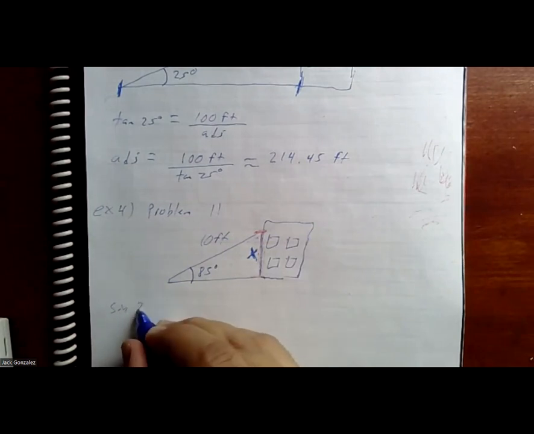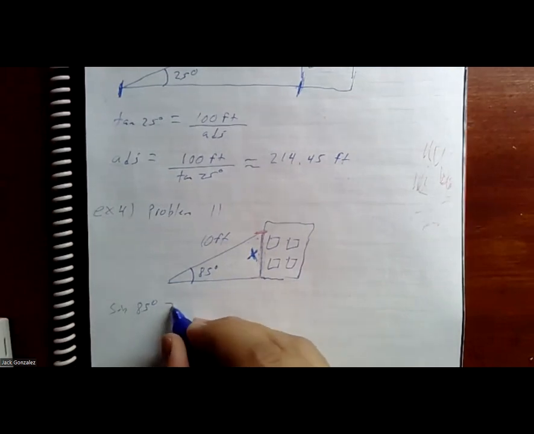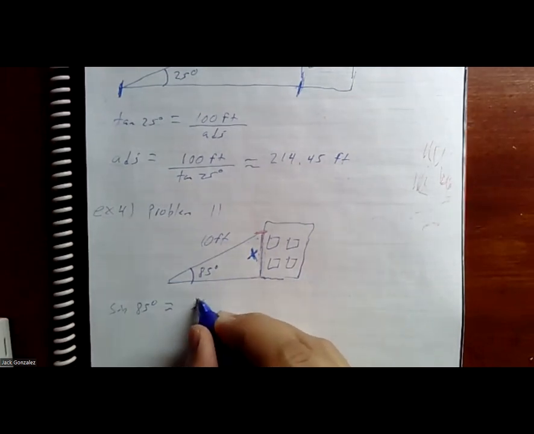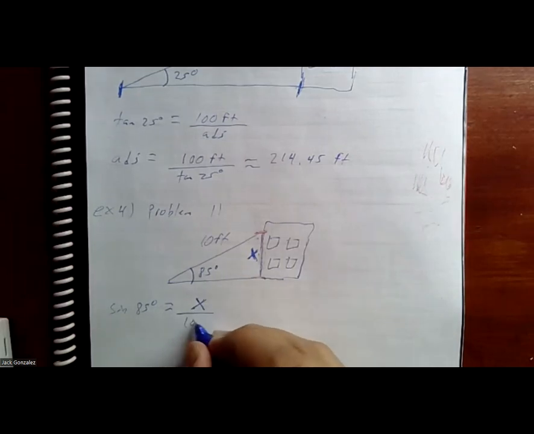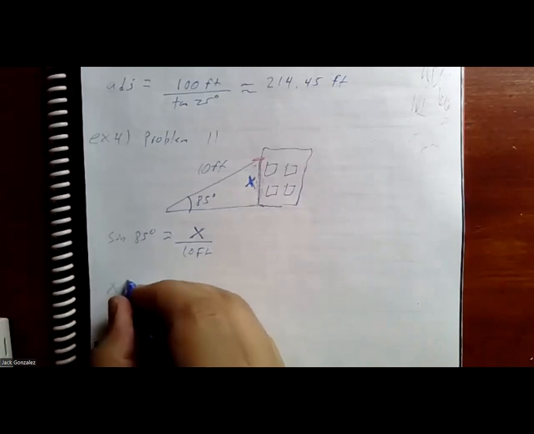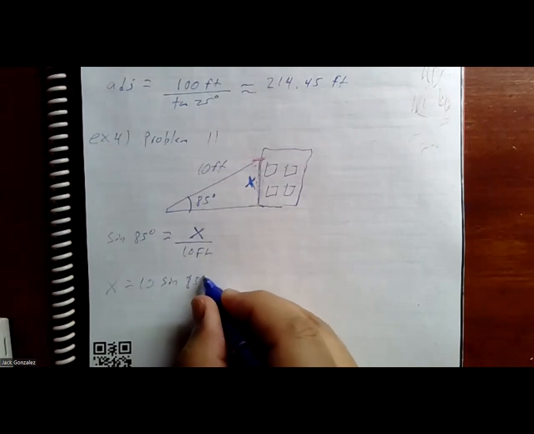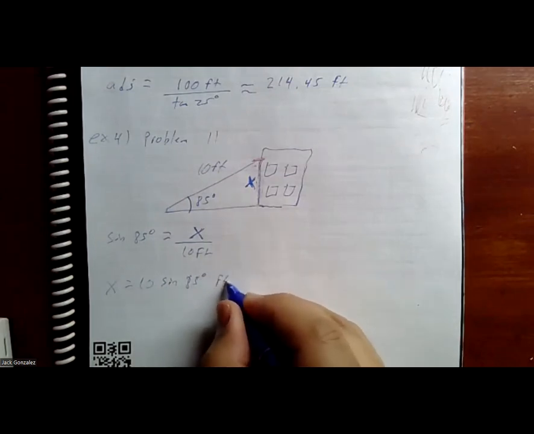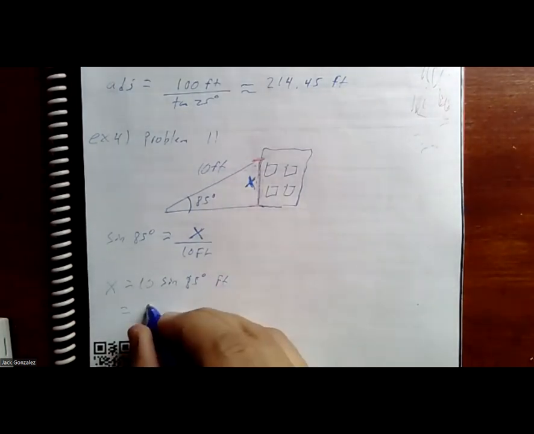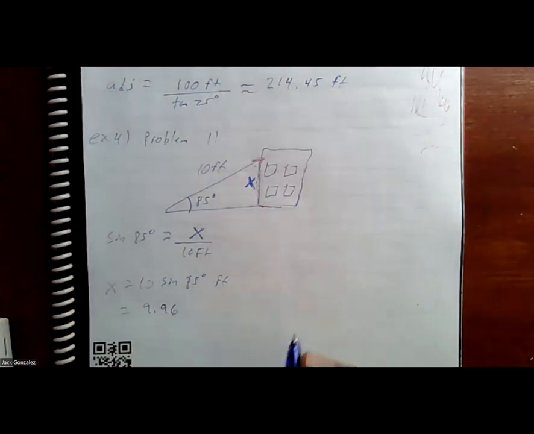Sine of 85 would be opposite to this angle over the hypotenuse. Solve for x. X will equal 10 sine of 85 degrees in feet, which will be 10 sine 85, 9.96 feet.